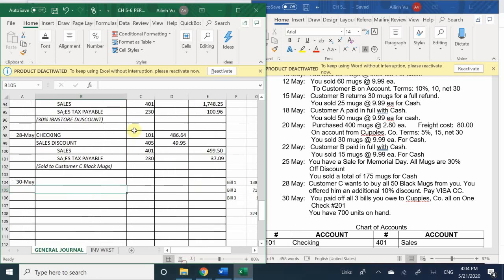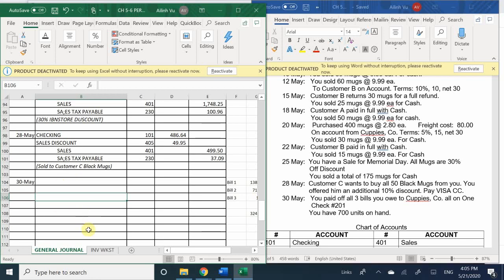All right, but what accounts am I going to be using? Checking is one of them. Is checking going to be debited or credited? Are we increasing our cash or are we decreasing our cash? Decreasing. So we're going to credit that account.